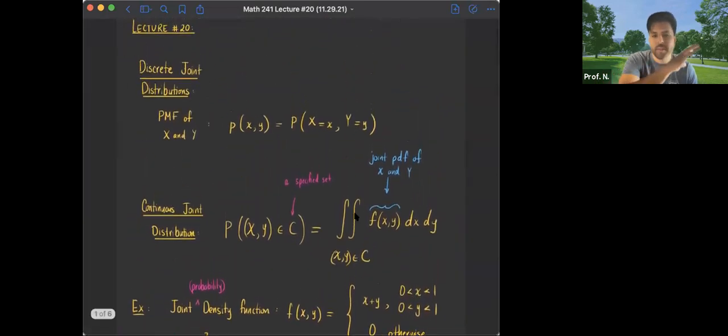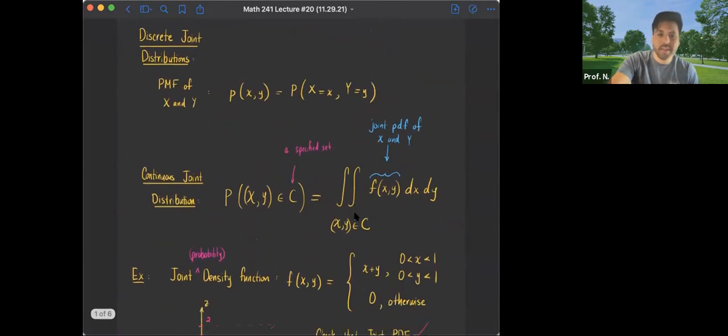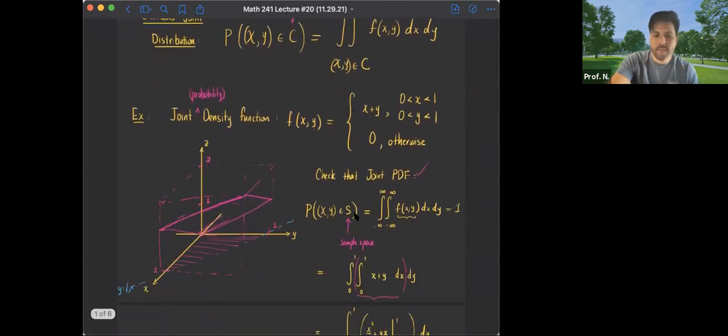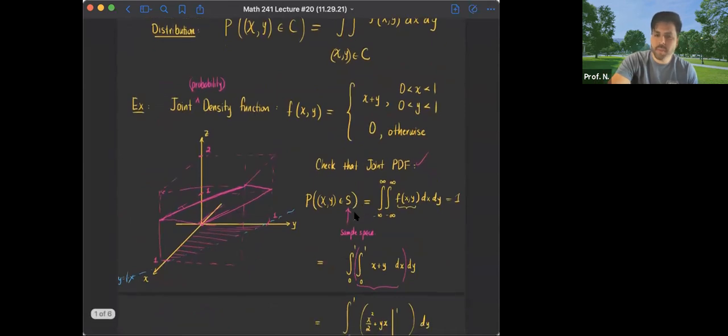We went from talking about just discrete to now continuous. And given this example here, we saw how the probabilities now have transformed the geometric significance of a probability of volume underneath a graph, or in this graph representing the joint density function, that represented the probability.